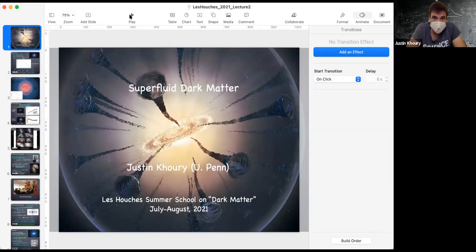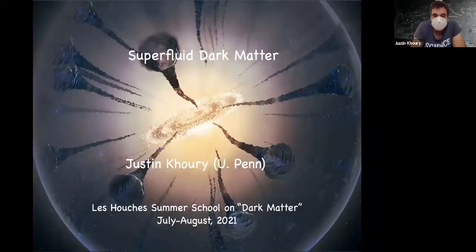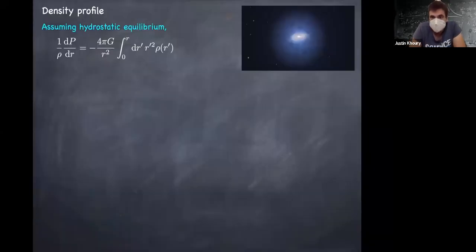Yes. Okay, perfect. Right, so just a few basic remarks, related to in fact the question that was just asked. Let's say we want to actually describe the superfluid profile in a galaxy. Let's first ignore the baryonic contribution and just think about dark matter self-interacting with itself. If you assume hydrostatic equilibrium, it's a very nice exercise, and I'll put more details in the lecture notes.